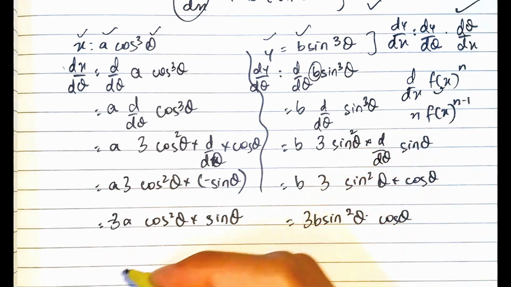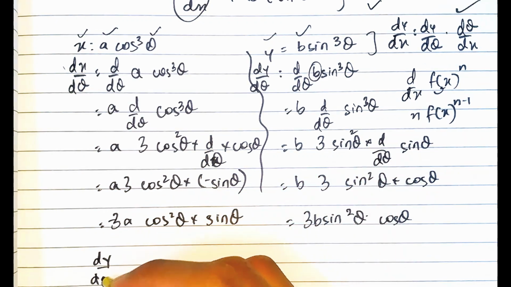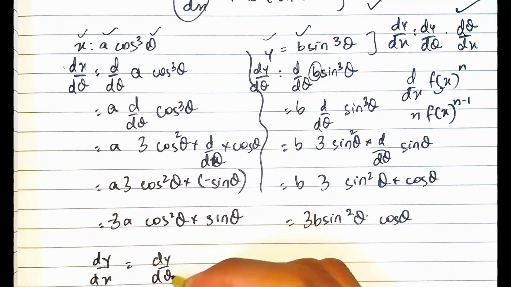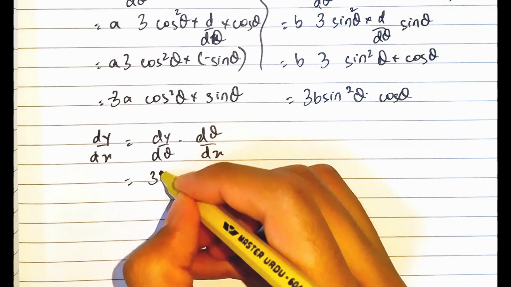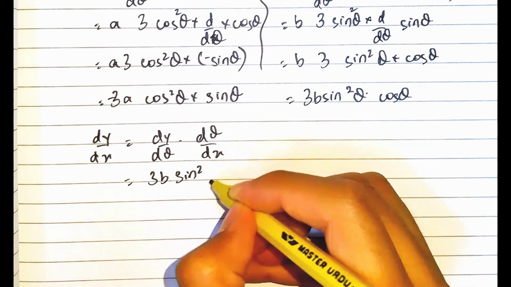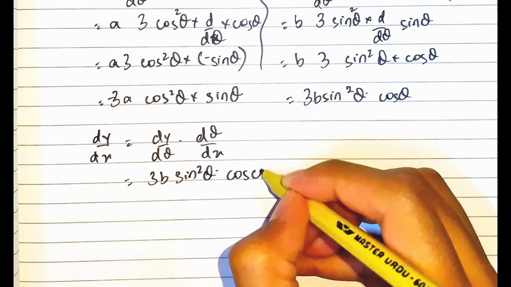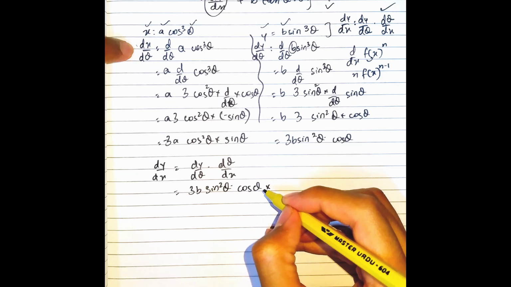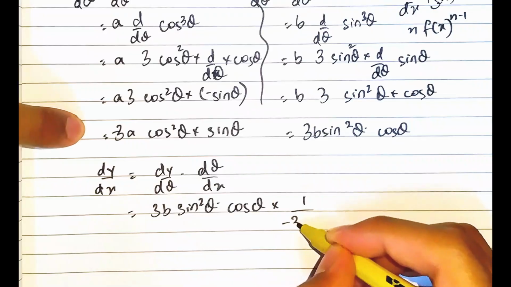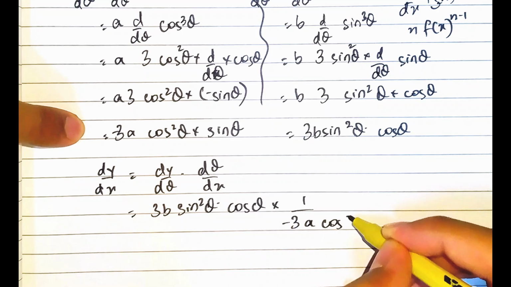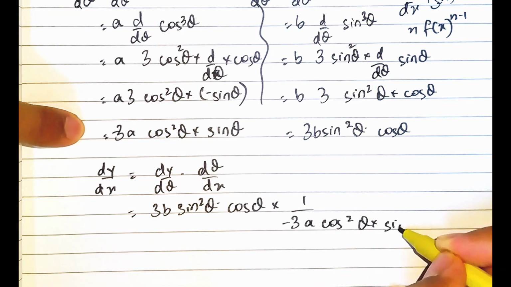So let's utilize our chain rule, dy by dx is equal to dy by d theta dot d theta by dx. So dy by d theta is actually 3b sine square theta dot cos theta, and d theta by dx is this thing, but we have to reciprocate it. So we have 1 divided by negative 3a cos square theta multiplied by sine theta.